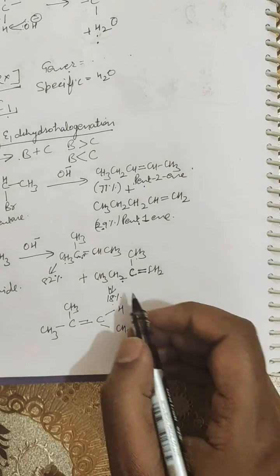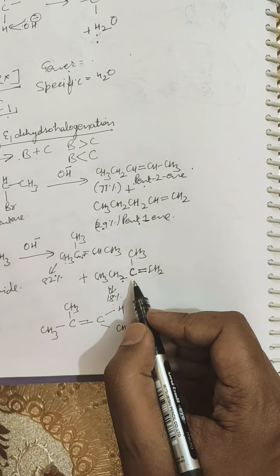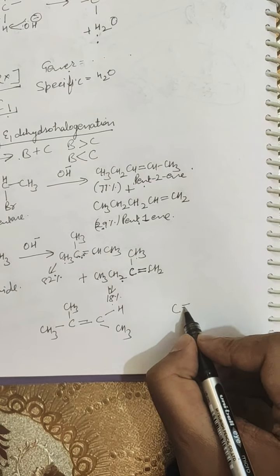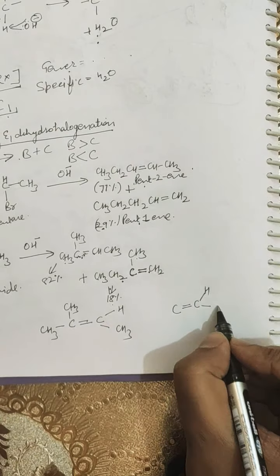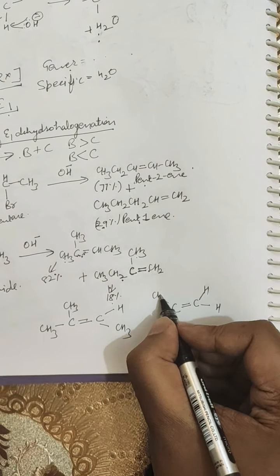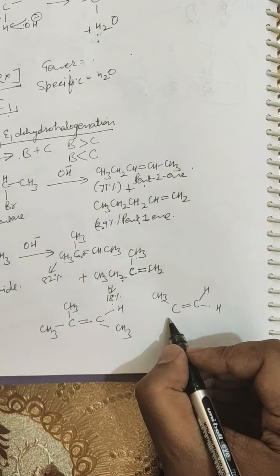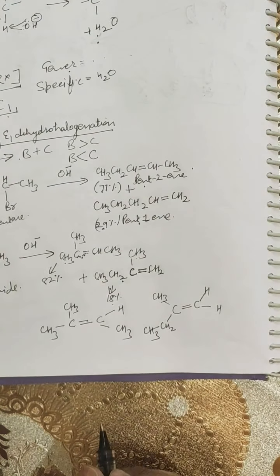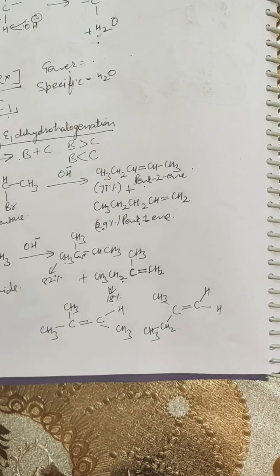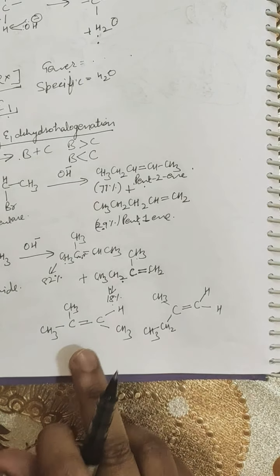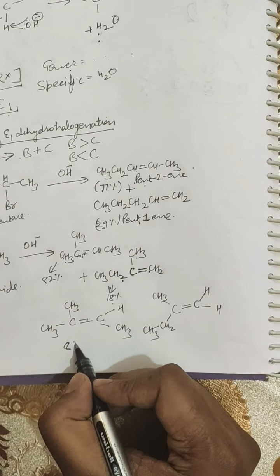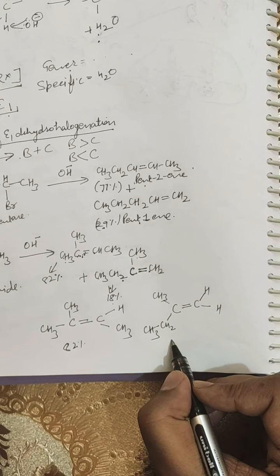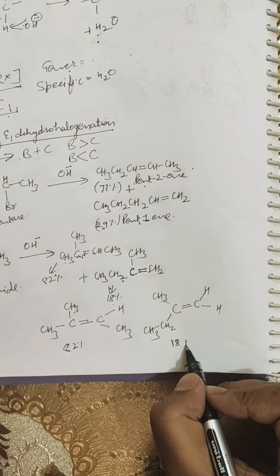Whereas in case of 2-methyl-but-1-ene, the 18% product, you can see that at the double bond there are 2 hydrogens and 1 methyl group, and this CH2CH3. So this is the more substituted product formed at 82%, and this is the less substituted product with a concentration of only 18%.